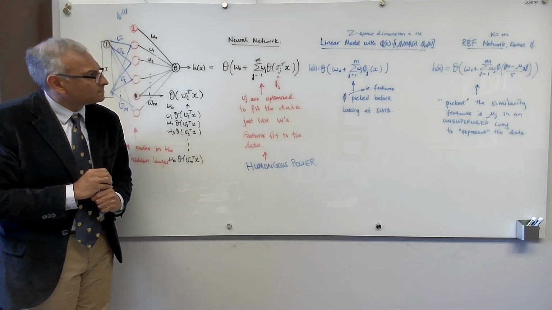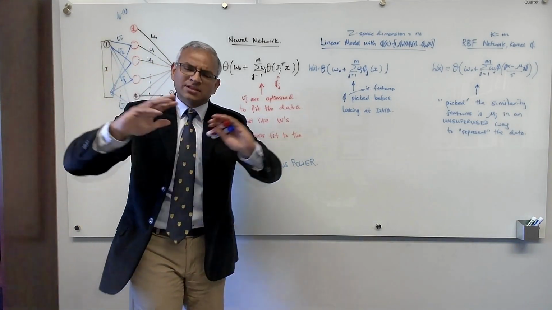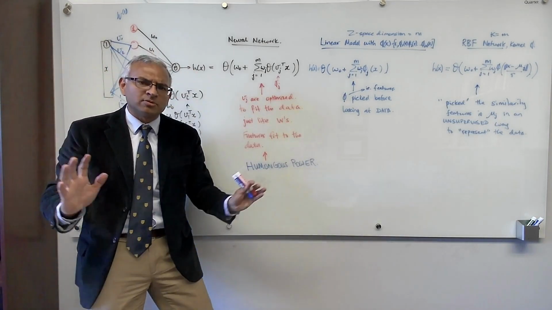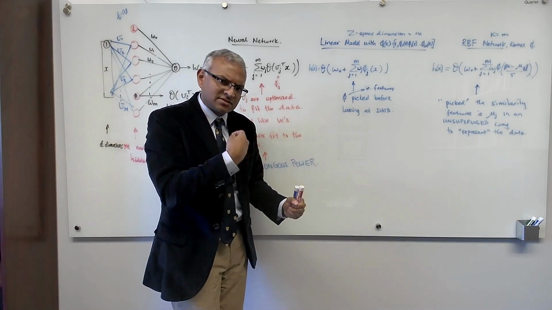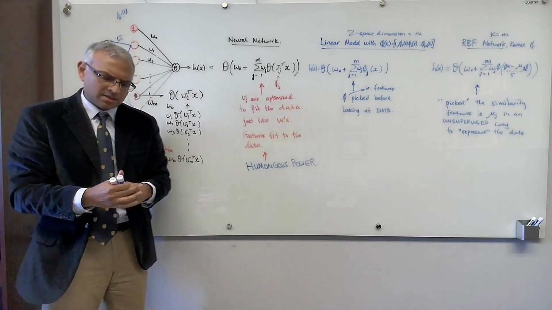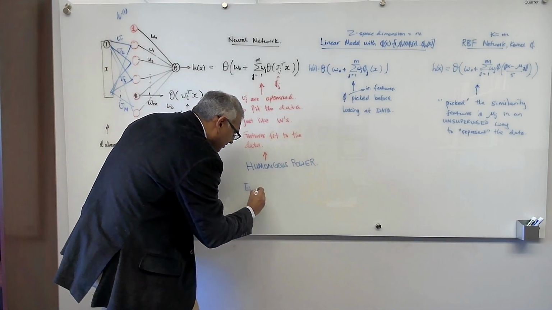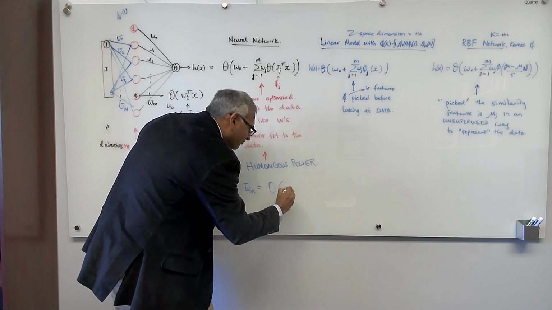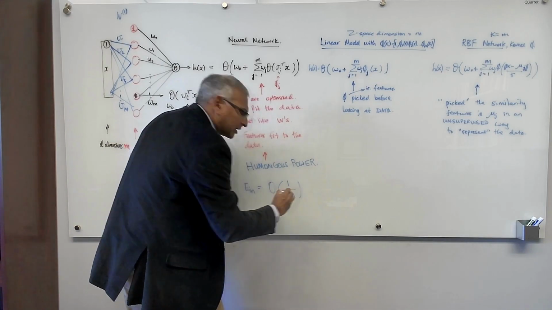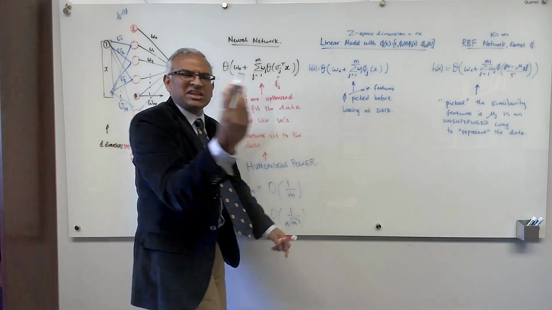Specifically, it's beyond the scope of this course to get into the analysis which derives these kinds of results. But specifically, this neural network achieves E in is O of 1 over m for regression, O of 1 over square root of m for classification.